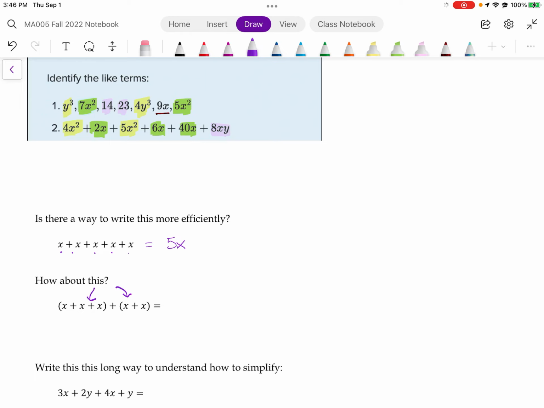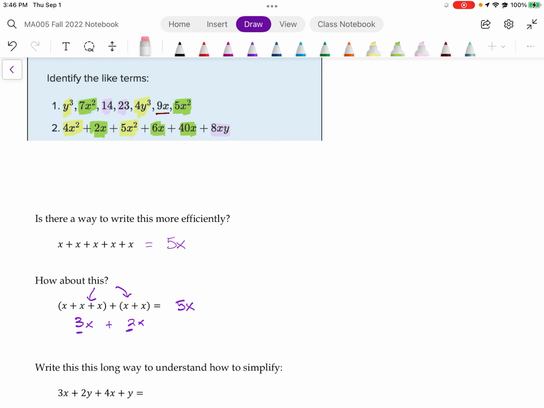Well, we've got them separated, so we've got a 3x and a 2x, and they're added together, but it's really just like it is up above. It's just 5 x's. So really this still equals 5x. So notice what we did here. All we did was add the 2 together. Okay, so I could have divided it like this, right? 4x and 1x, and it would still be 5x.